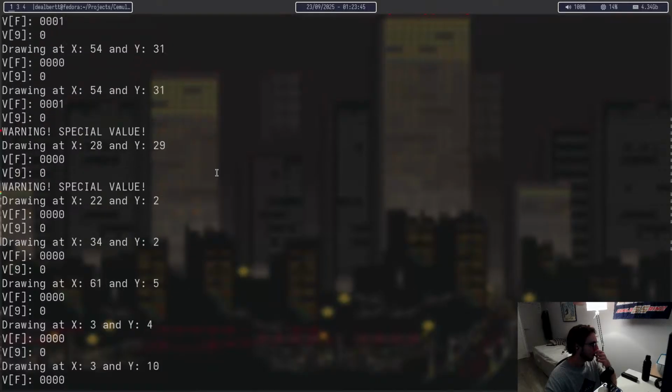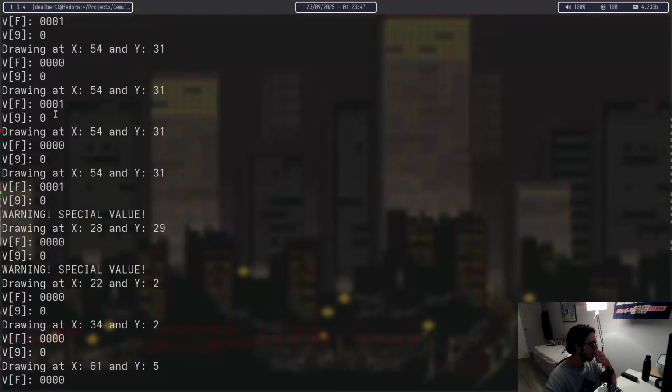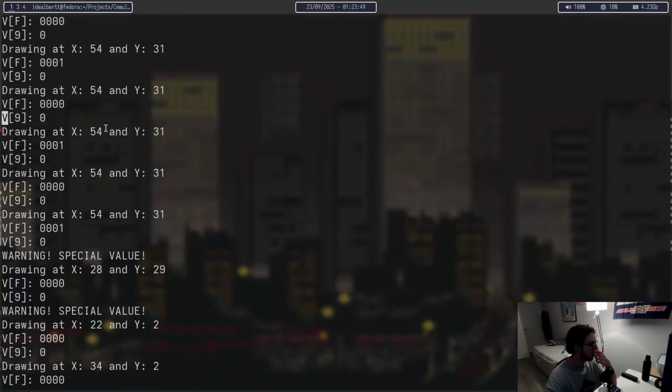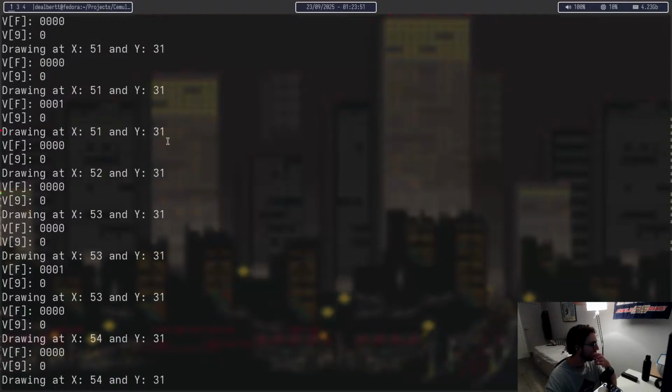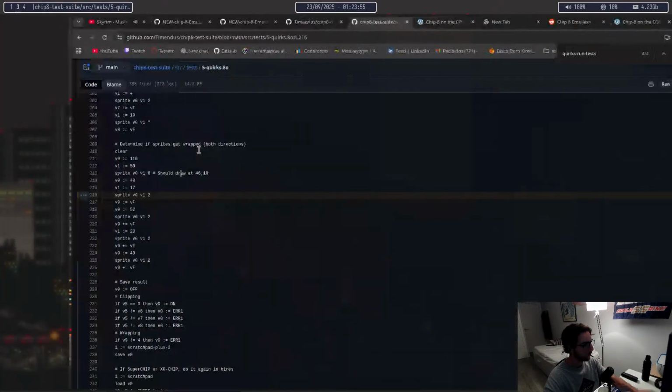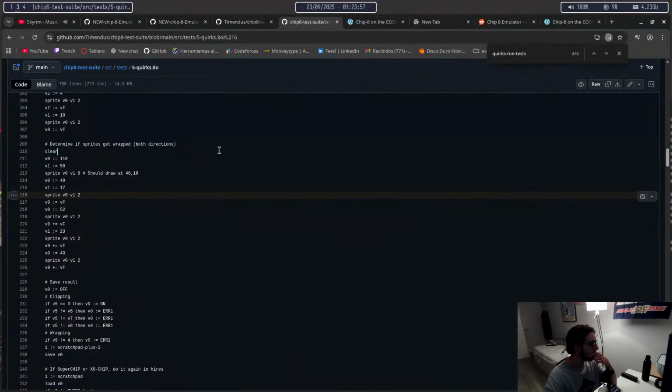So there might be some sort of time where it's not incrementing B9 at all. Like, it's just not doing that. Both directions clear. P0 and then B1.